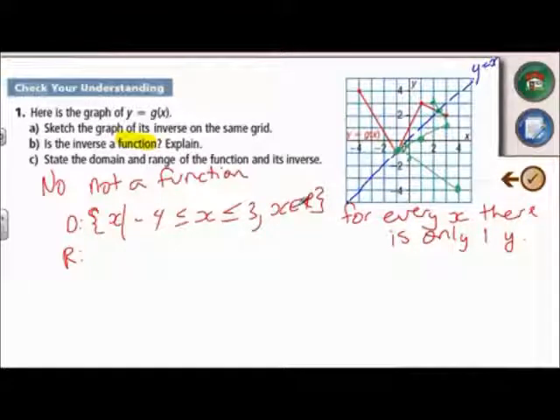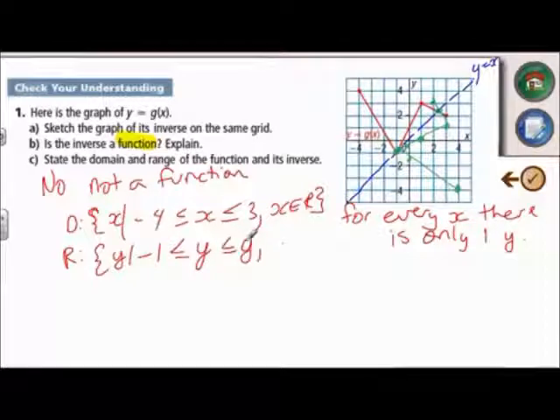And our range starts at -1 and goes all the way up to 4. And that's also y, and that's also the real numbers.